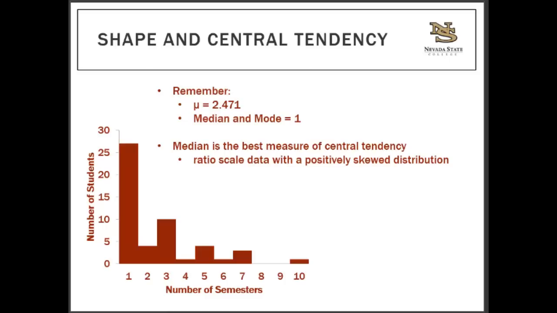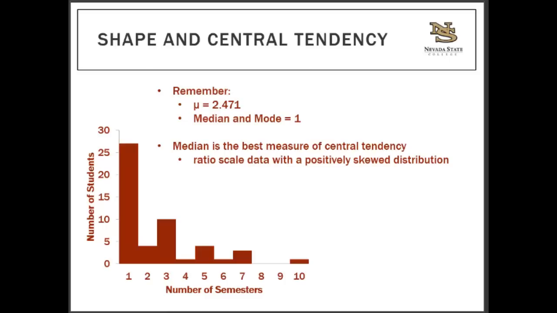That's because we have a couple of students with 10 semesters, a couple with 7, and those outliers are making the mean go up. The mean is being pulled towards those outliers. So the mean overestimates the true nature of our data, in that most students attended NSC for 1 semester.